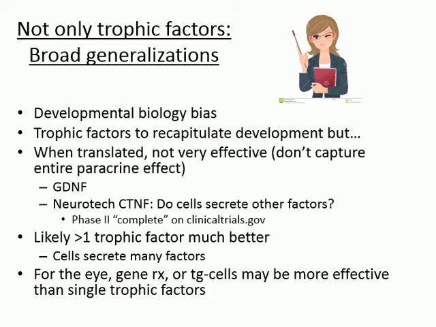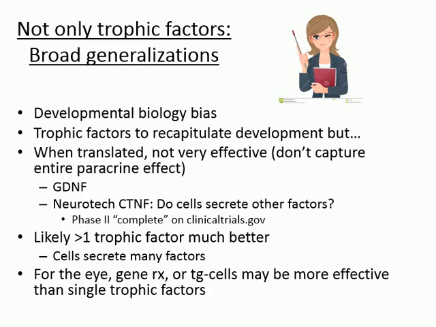So likely more than one trophic factor is going to be much better than a single trophic factor, and that means that cells will likely be the source of trophic factors since they secrete many of them, and it just would be too hard to package independent trophic factors otherwise.